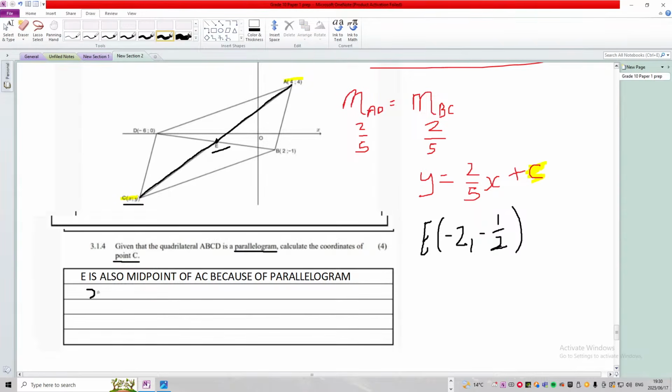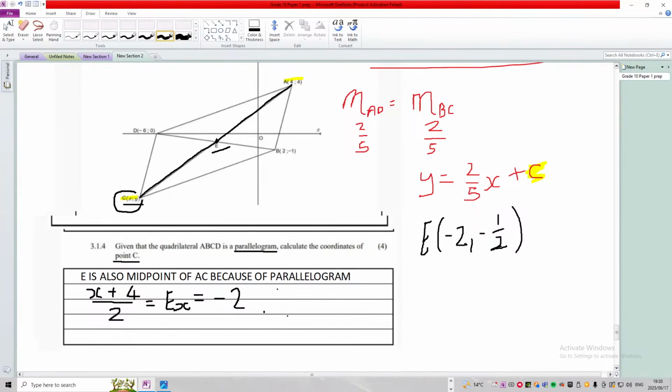I can now create an equation. If I look at C, x plus 4, divided by 2, will give me the x coordinate of E, which is equal to minus 2. We see that? So we have an equation now.